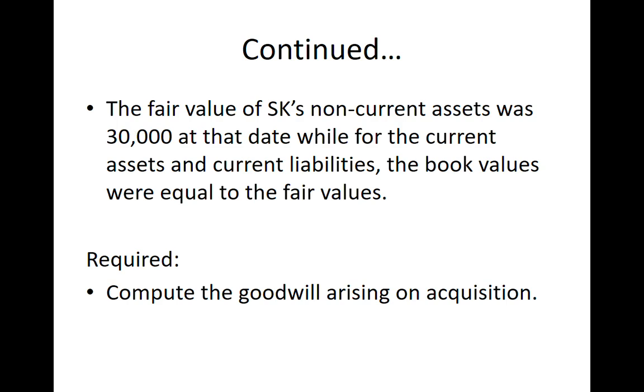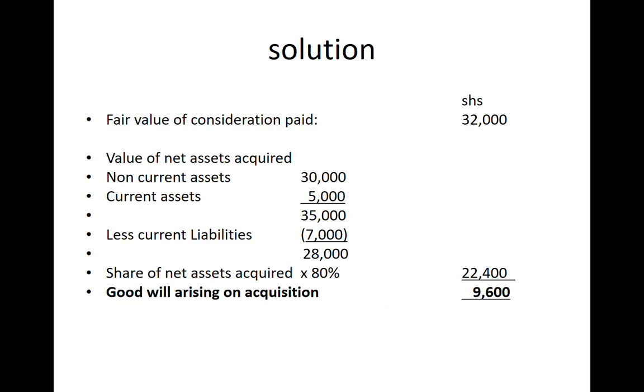Non-current assets include the fixed assets and then the intangible assets. So for you to come up with 30,000, it means that you need to have done an asset valuation exercise.